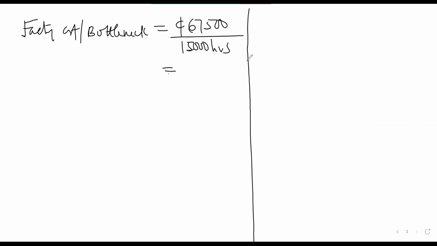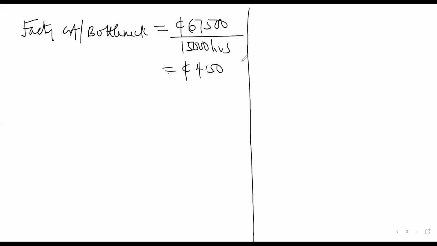So what will be the cost per the hour? 4.5. Okay. So 4.5. So you come to the throughput accounting ratio, you do it one by one.